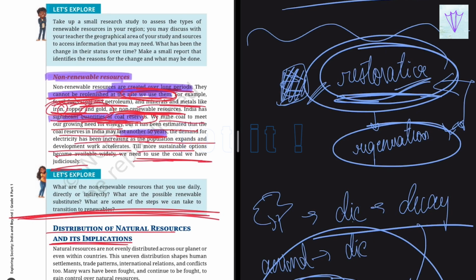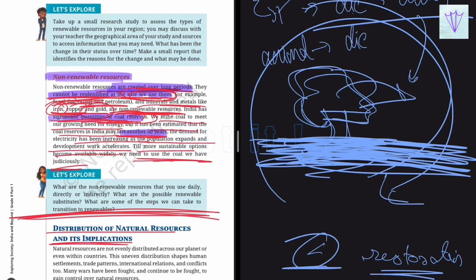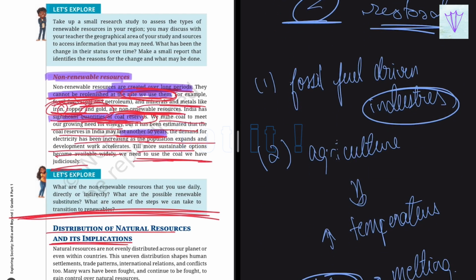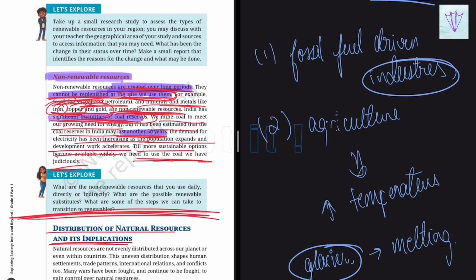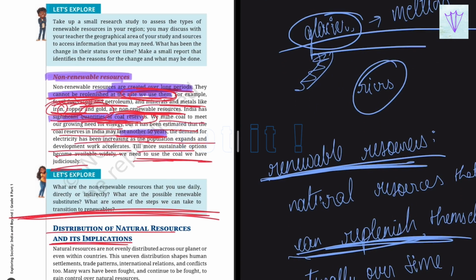Regeneration in the sense it will create new life. And there is a cycle in nature where there will be no wastage. And the second thing is that fossil fuel driven industries and agriculture have created imbalance due to which temperatures are increasing and the glaciers are melting, which cannot be balanced with the precipitation rate.